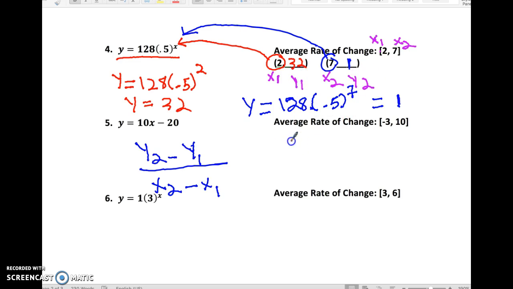So y2, 1, subtract 32 over x2, which is 7, subtract 2. So 1 subtract 32 will give you negative 31, and 7 subtract 2 will give you 5. So my average rate change between interval 2 and 7 will be negative 31 over 5.